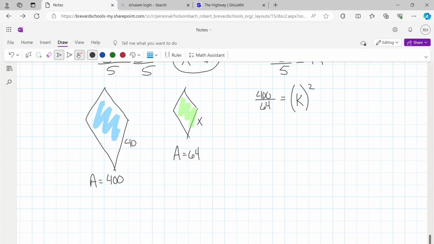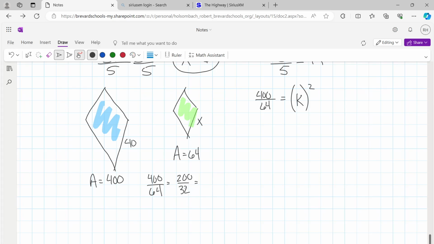And before I wrote it up there in the formula, I could have written it down here, 400 over 64. 64 is a perfect square, its square root is 8, and the square root of 400 is equal to 20. But let's do this. They're both even, right? So we can simplify this to 200 over 32.